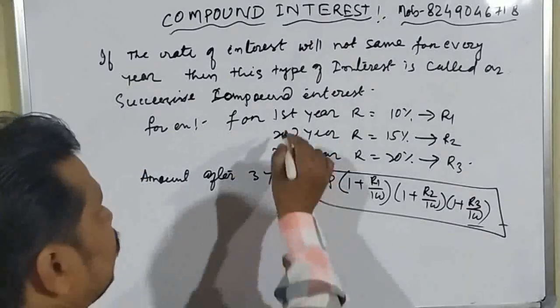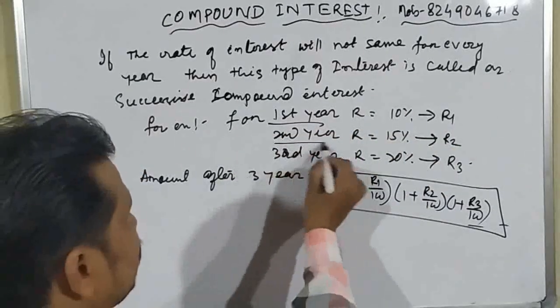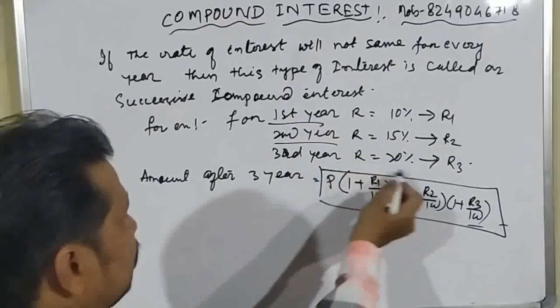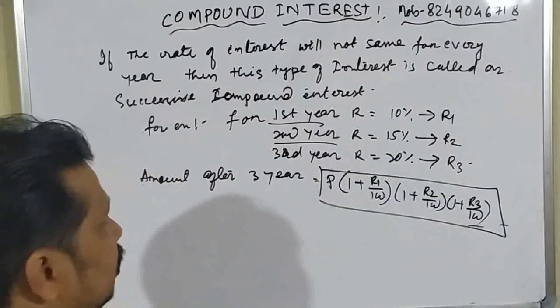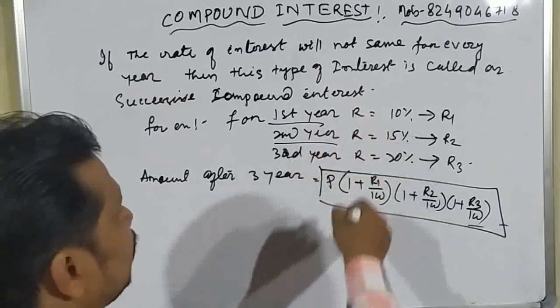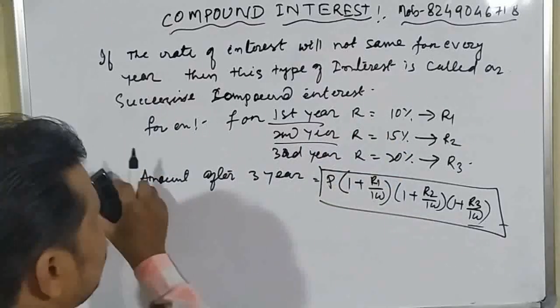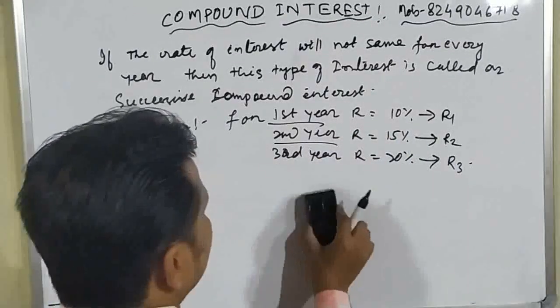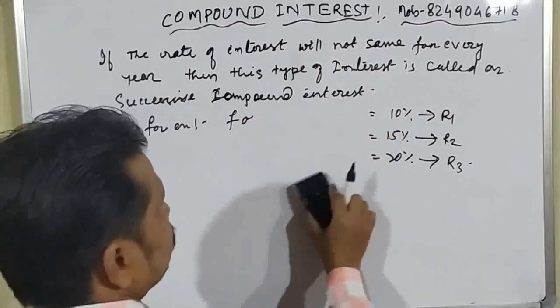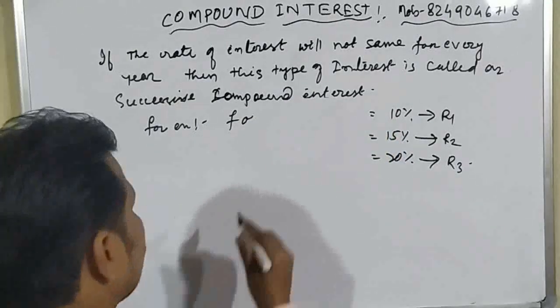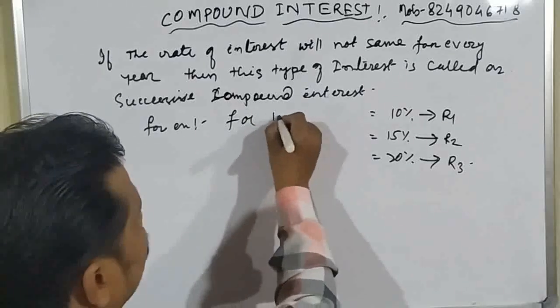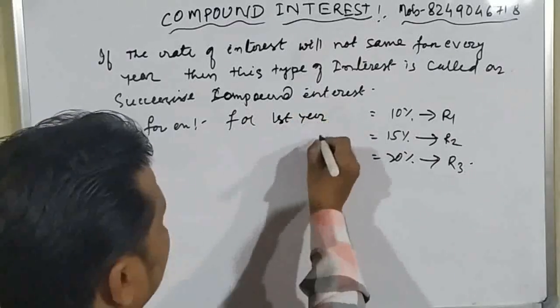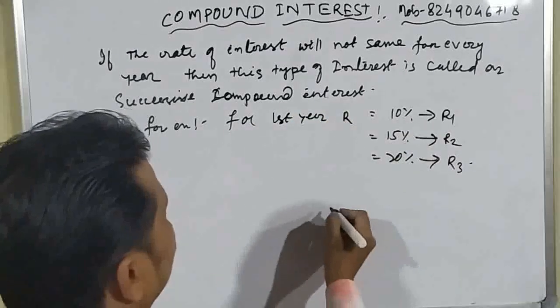That means for the first year, the rate is 10%. For the second year, rate is 15%. For the third year, rate is 20%. Here we can see that every year the rate is changing. Suppose I am writing another question here. For the first 2 years, rate equal to this much.